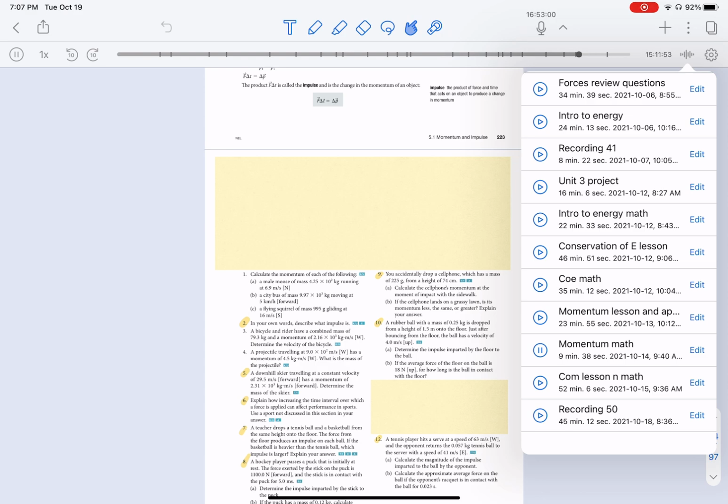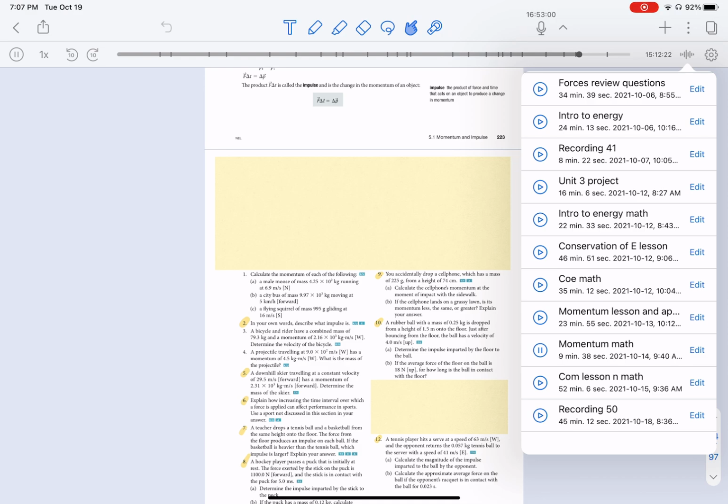Okay? So our impulse equation from yesterday, if you recall, was delta P, which is our impulse, is our change in momentum. That's one of the versions we had written down yesterday. So we can plug our numbers in, and I'm hoping we get the right answer here.